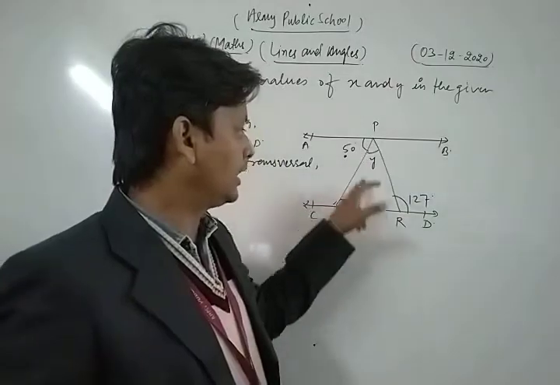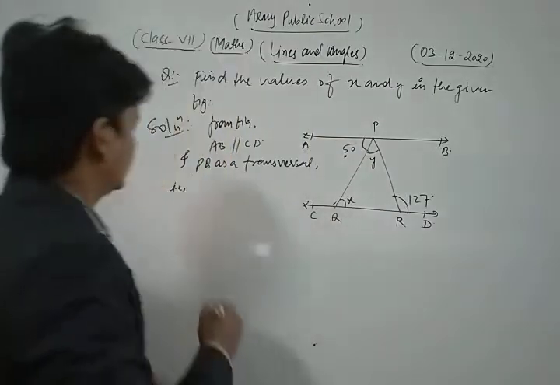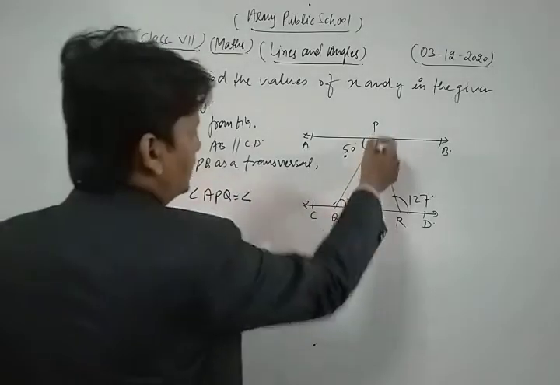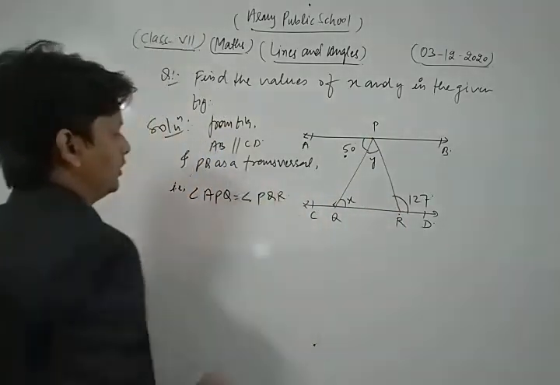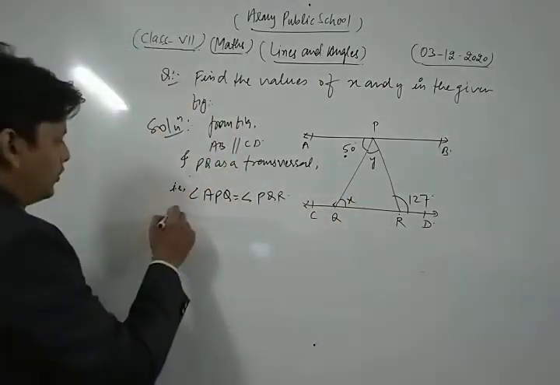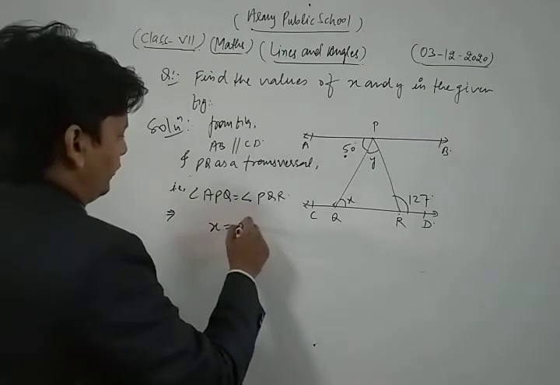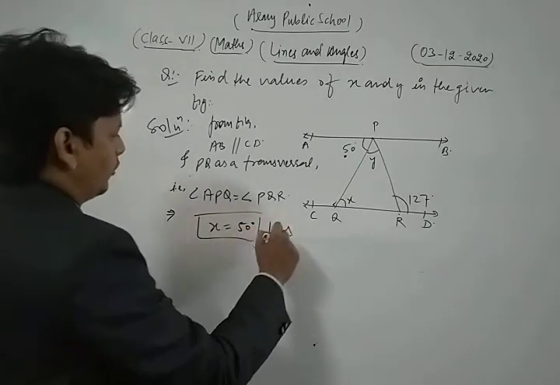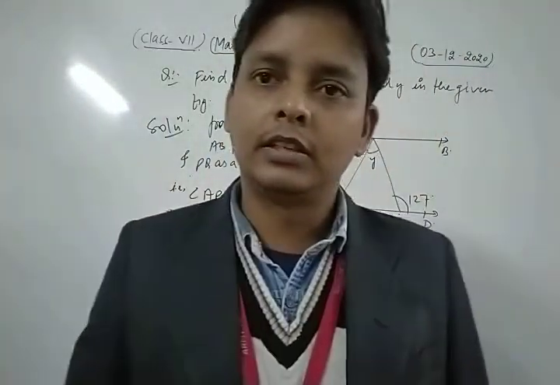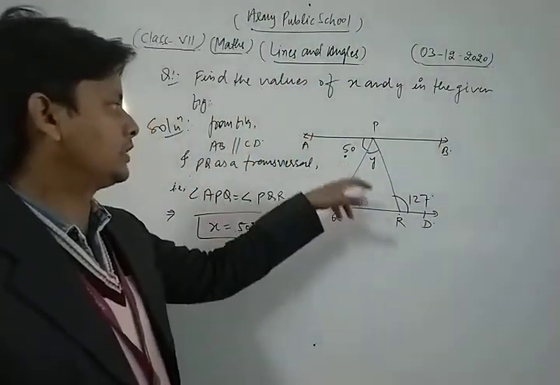Then we know that the alternate interior angles are equal. So angle APQ is the same as angle PQR, because these are the alternate interior angles. Thus, we get x is equal to 50 degrees. This is one answer, because when two parallel lines are cut by the transversal, the alternate interior angles are equal to each other. So here angle x is equal to 50 degrees.